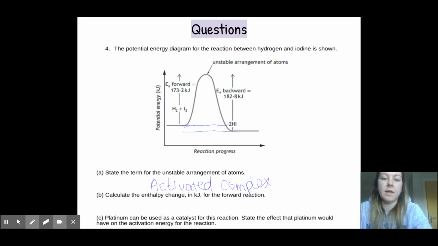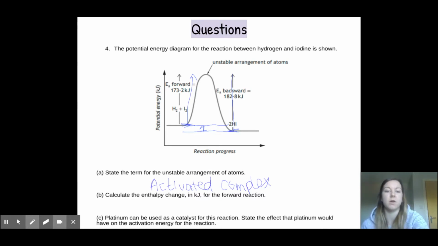Okay, so see this gap here? That is what we are looking to calculate the value of. So if from this part here up is 182.8 and this part here up is 173.2, then all we have to do is take the difference between those numbers to give us the value of that gap.